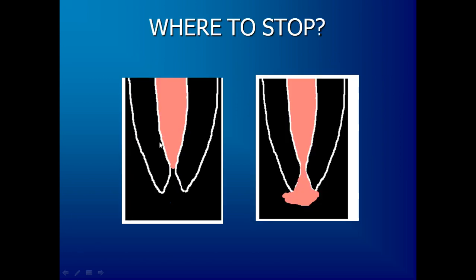Anything extending beyond this means that we have forced our obturating material into the periapical tissue. So this is wrong, and our material should stop at the apical constriction. This is the ideal method.